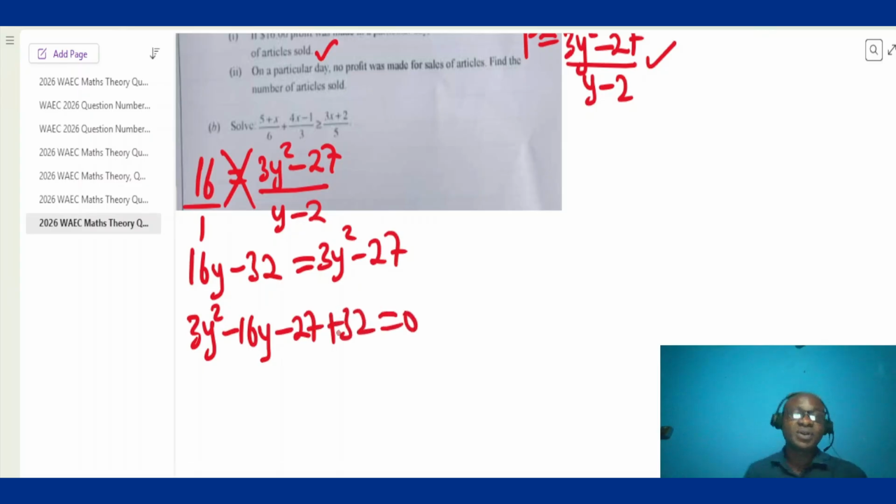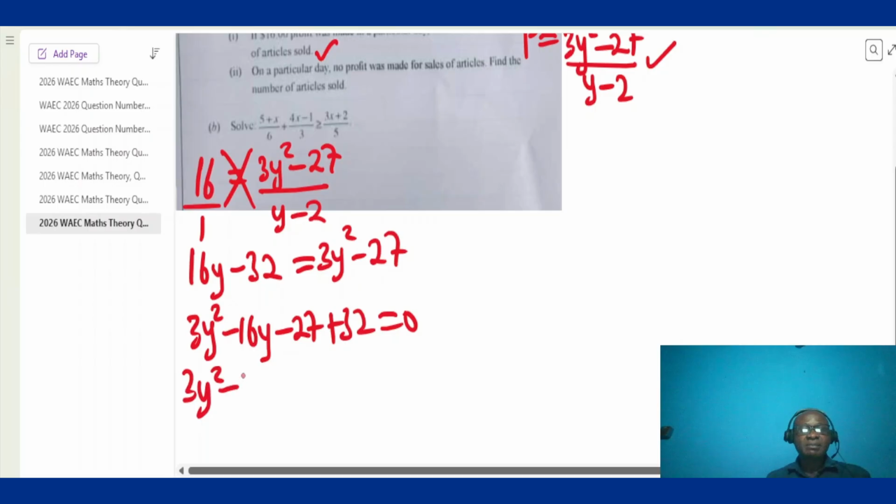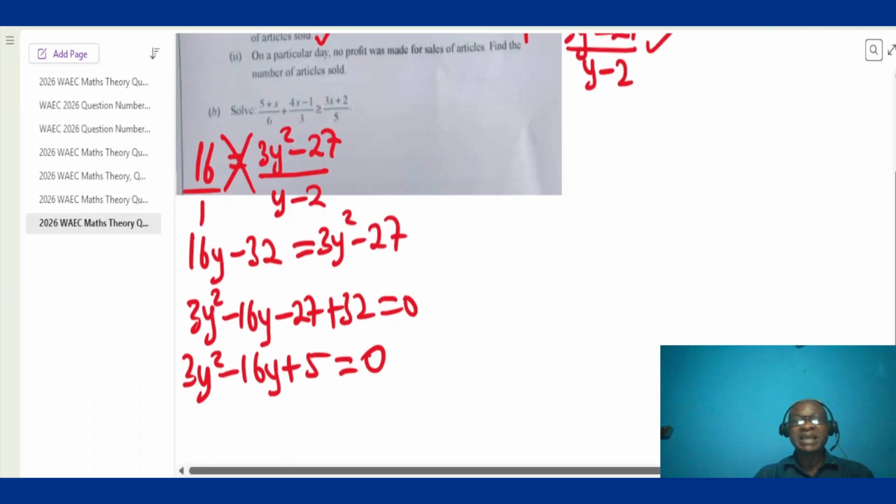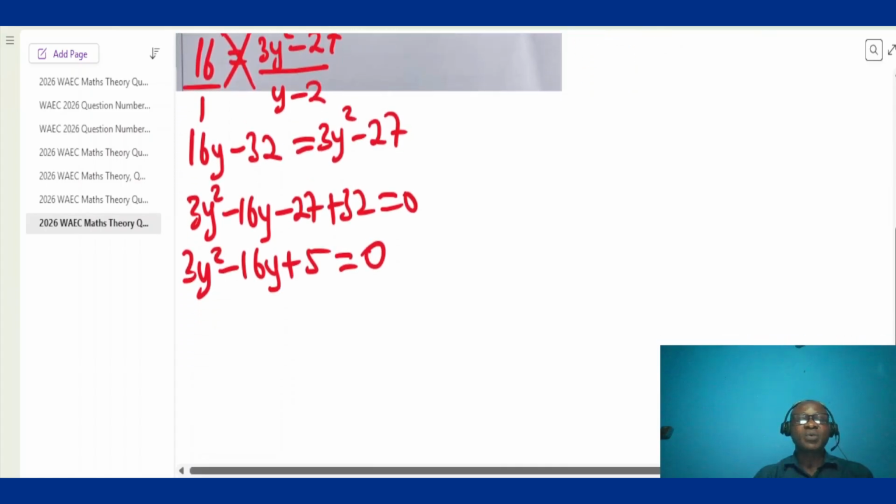I have carried everything to one side. Therefore, minus 27 plus 32 gives exactly plus 5: 3y squared minus 16y plus 5 equals 0. At this point, I can solve for the value of y quadratically, since it has resulted in a quadratic equation.